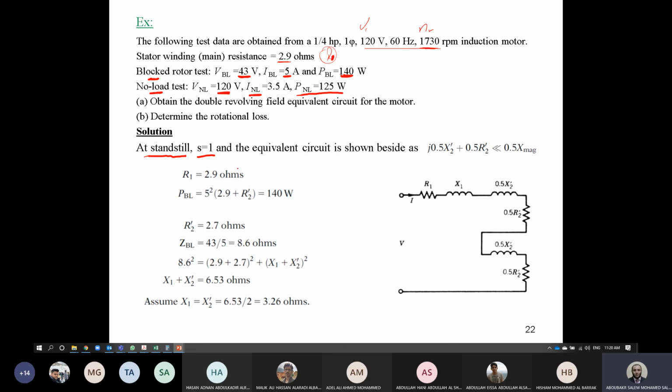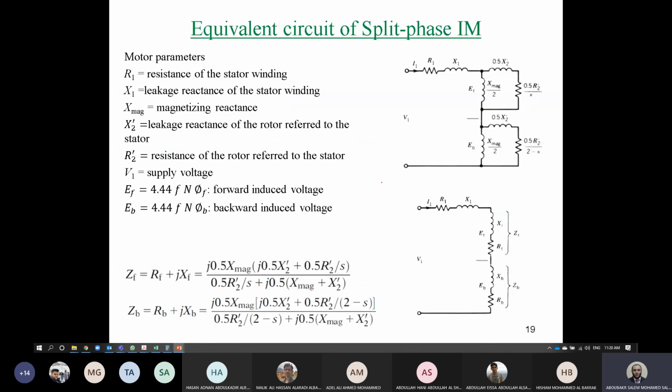If you apply this to the equivalent circuit, you remember the equivalent circuit we discussed last class. This is our equivalent circuit. Apply S equals 1 here, and you will find this value will be 0.5 R2 prime, and this value will be 0.5 R2 prime over 1, so it's also 0.5 R2 prime.